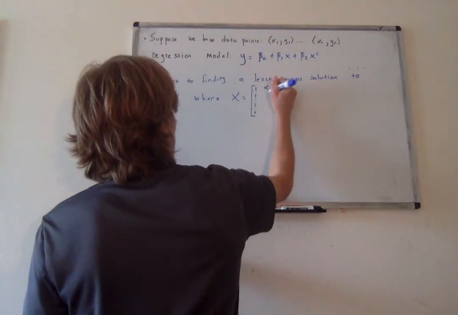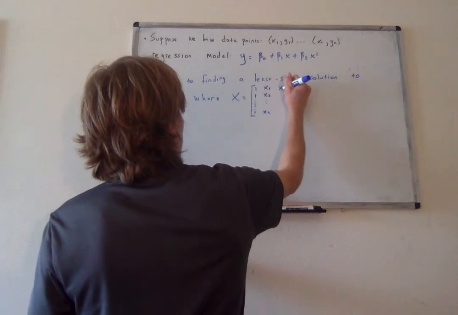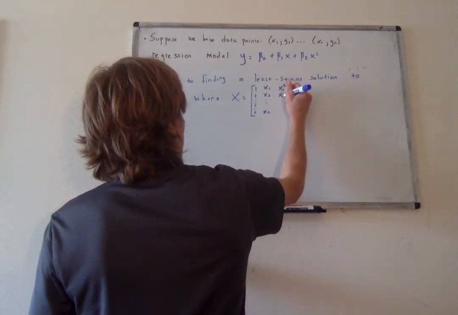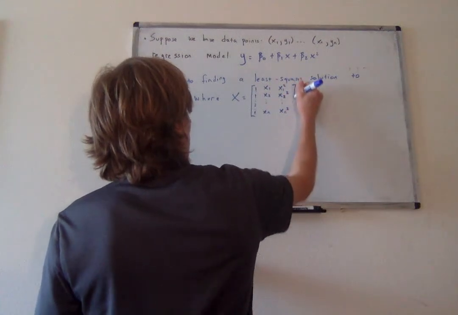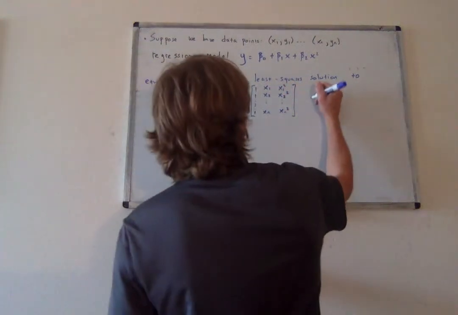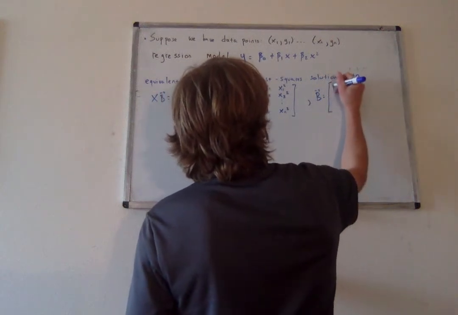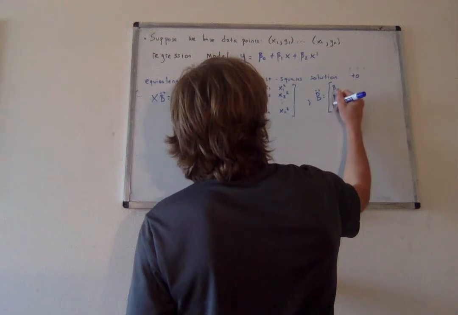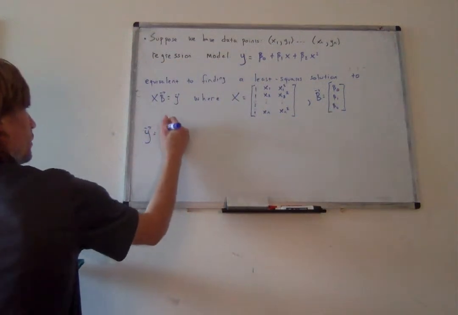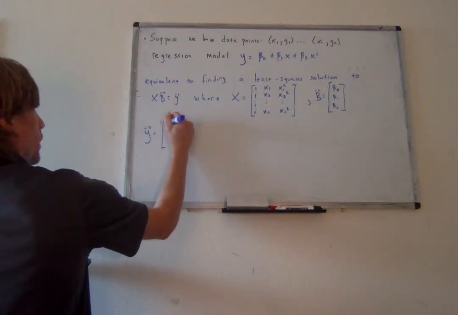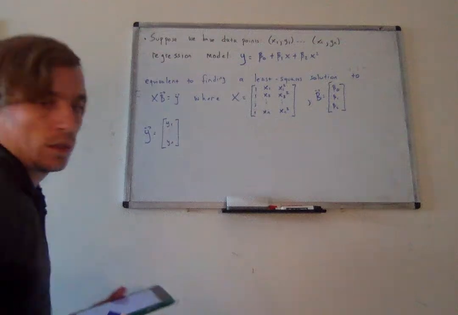My second column is going to be the linear term. And my last column will be all of the x entries squared. Then b will be a vector of length 3, beta naught, beta 1, beta 2. And y will be y1 up through yn.